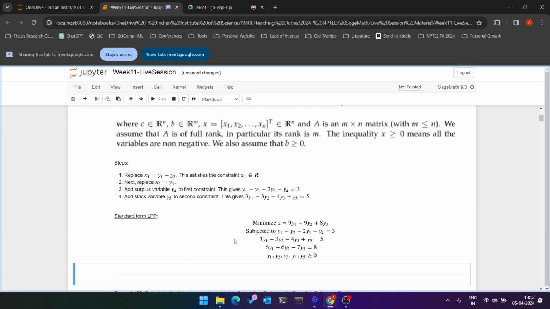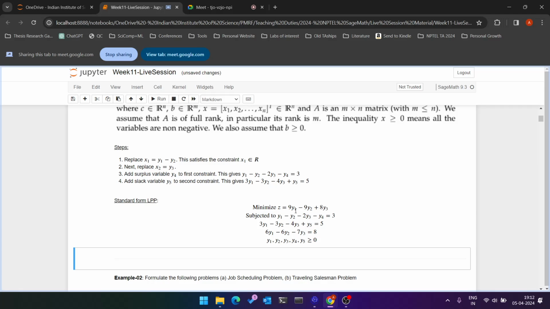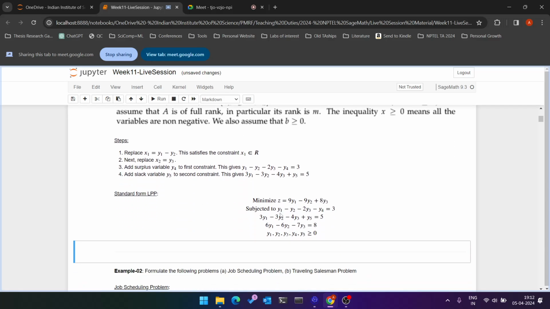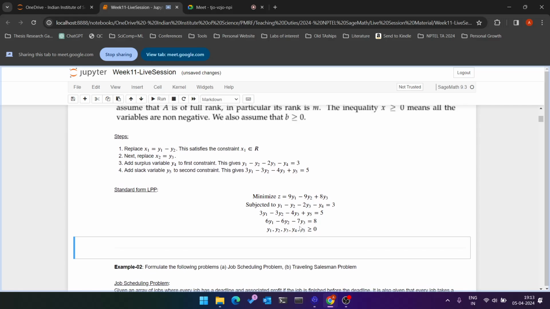The standard form means minimizing z equaling 9y1 minus 9y2 plus 8y3, same as 9x1 plus 8x2, subject to these three equality constraints: y1 minus y2 minus 2y3 minus y4, obtained by substituting x1 and x2 as well as the surplus variable, and similarly 3y1 minus 3y2 minus 4y3 plus y5 equaling 5, obtained by substituting the slack variable y5, and the third equality directly substituting y1 minus y2 and y3 for x1 and x2 respectively.